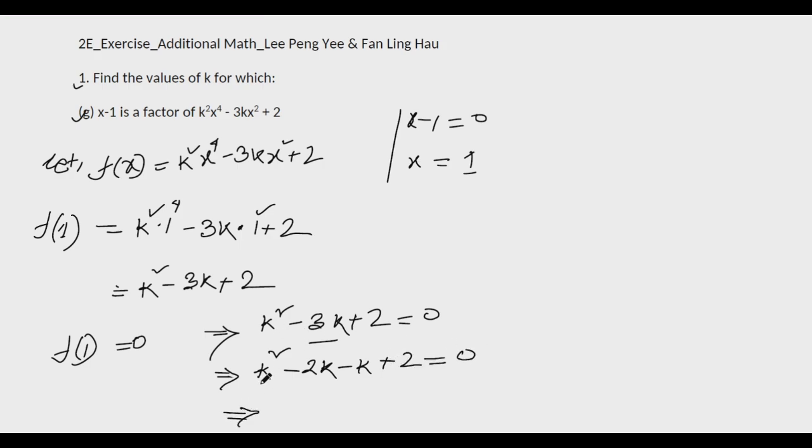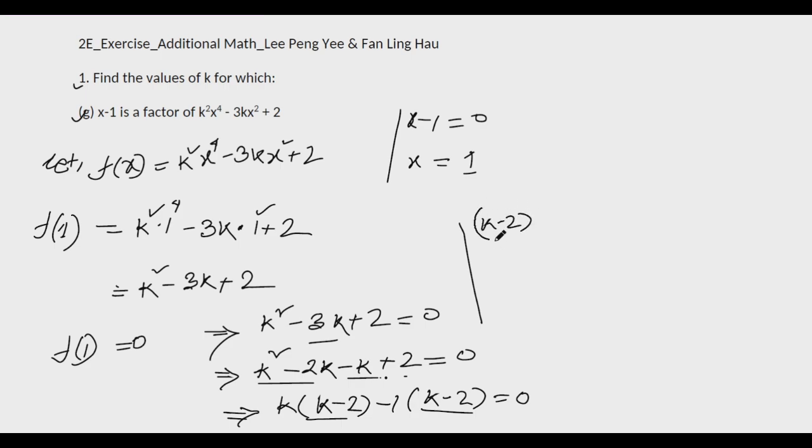Then if you take common k from there, we will get k into k minus 2, and if we take minus 1 common from there, then we will get k minus 2, and this will be equal to 0. So if we take k minus 2 common from there, we will get k minus 2 into k minus 1, and that is equal to 0.